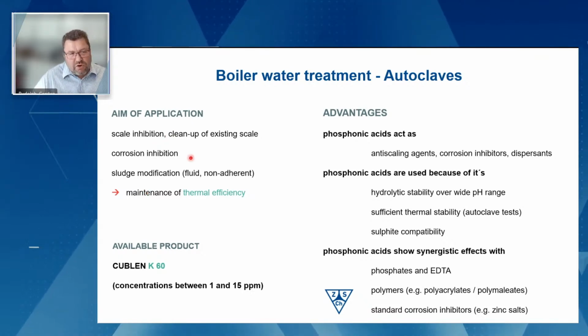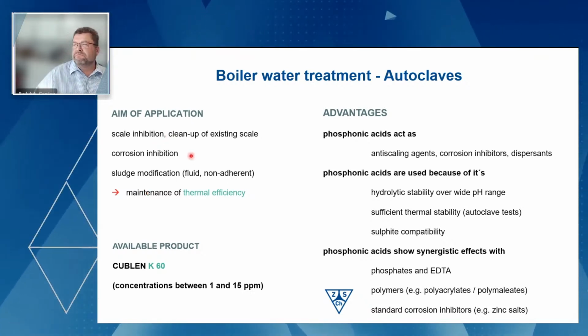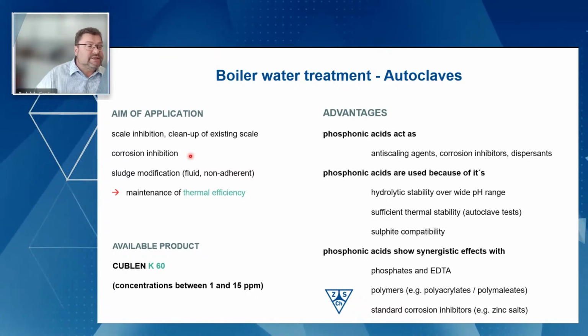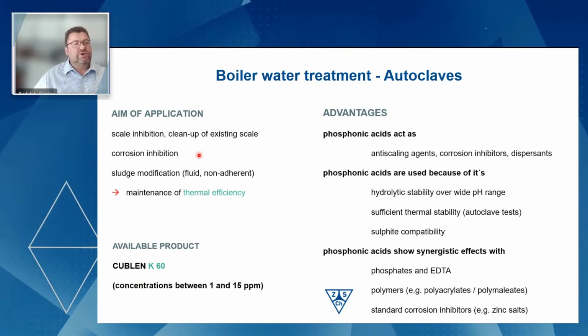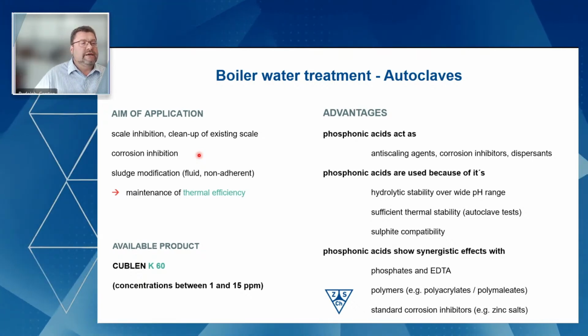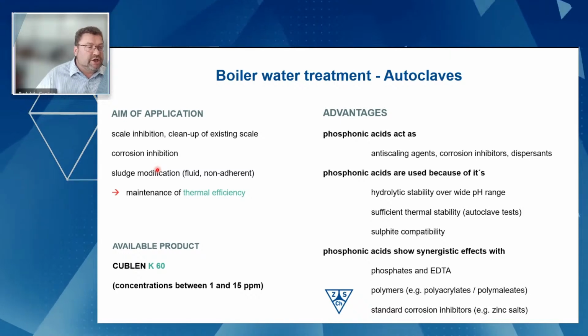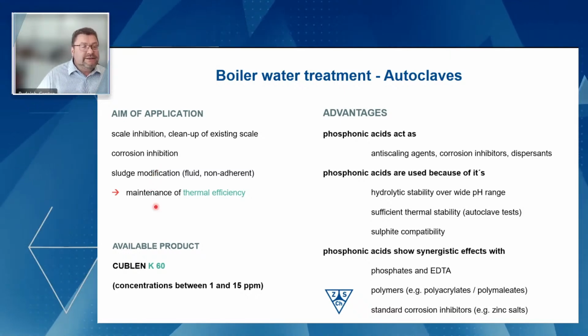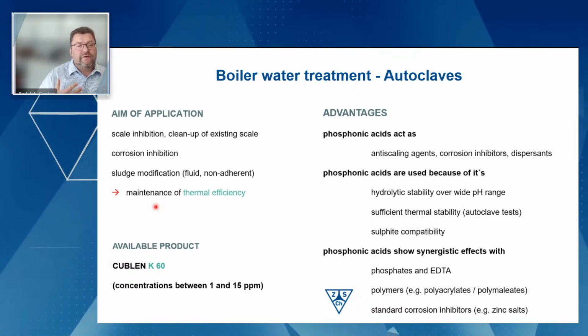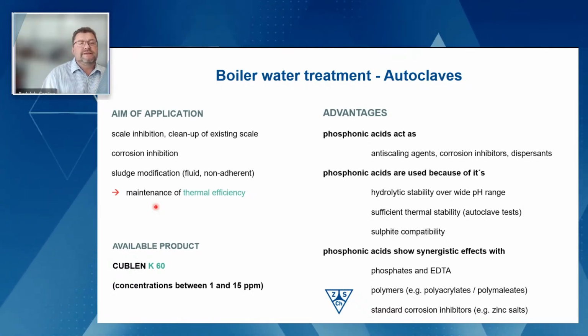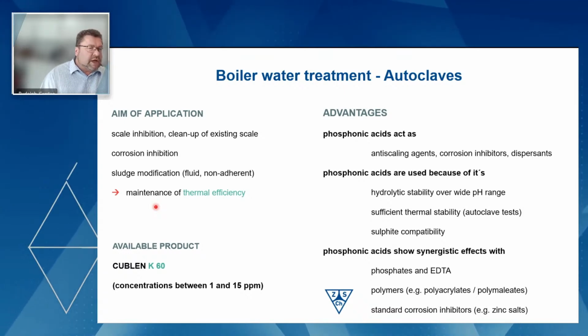It is corrosion inhibition, so oxygen scavengers are the topic in order to keep the corrosion slow, and also sludge modification. So at the end, it is to maintain the thermal energy and the thermal efficiency. So this is the main target.